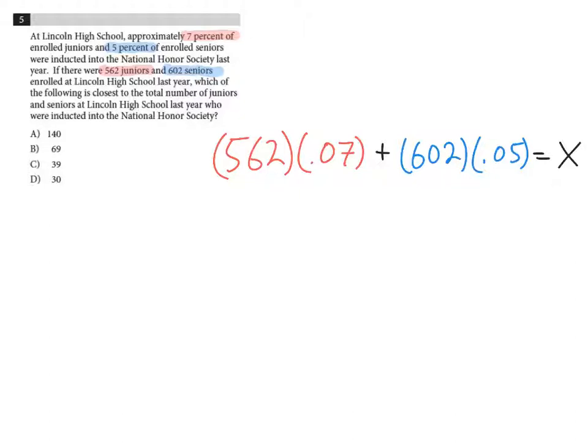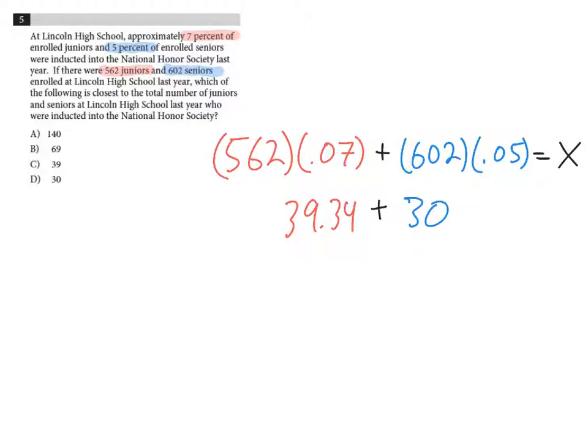I am going to pull out my calculator. Let's see. So we're going to do 562 times 0.07. So this is going to get us 39.34, and I'm going to do 602 times 0.05.